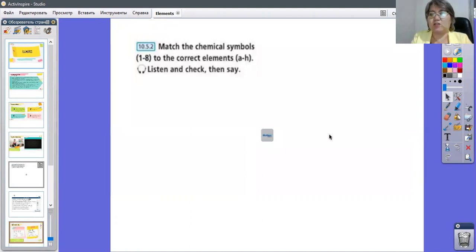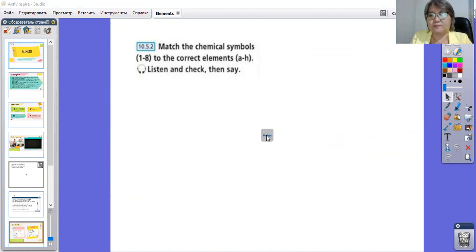Next, students match the chemical symbols from 1 to 8 to the correct elements A to H. Then they will check their answers. Here are given chemical symbols from 1 to 8 and the correct elements from A to H. We can match them to each other.